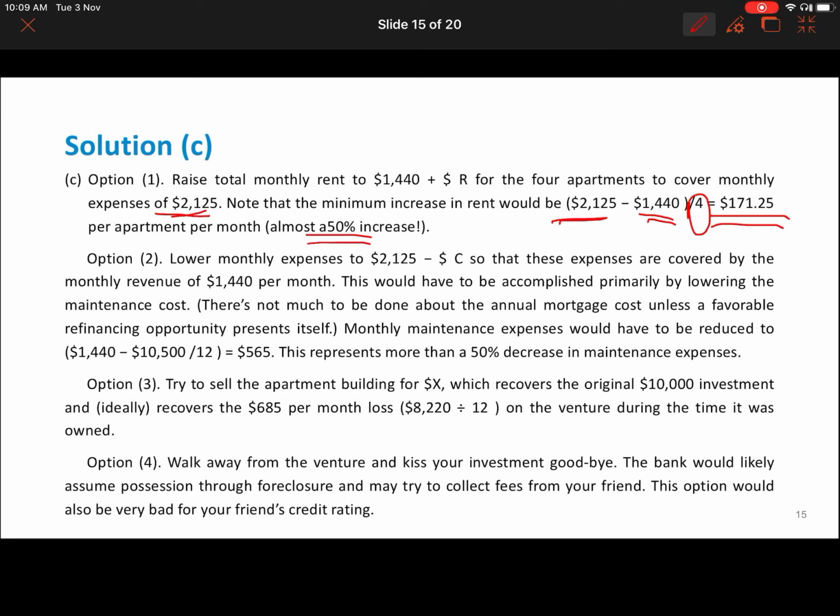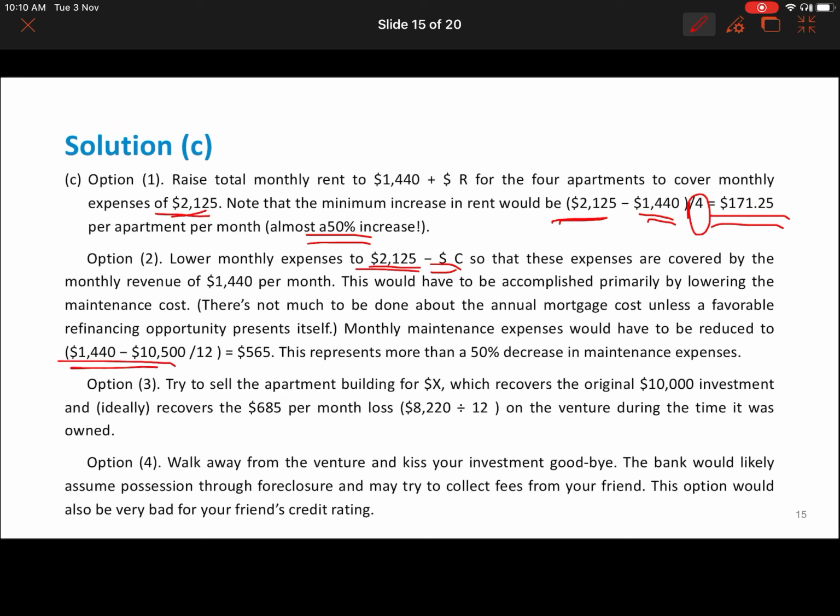The second option is lower monthly expenses, which means that I need to reduce the expenses of $2,125 negative compensation. I need to reduce to compensate the maintenance. So we try to compensate it. Again, the same problem.